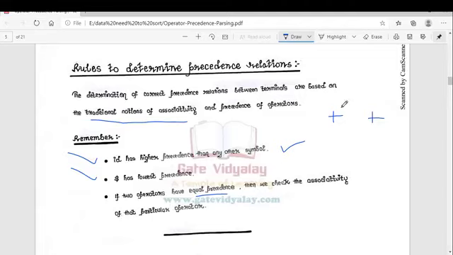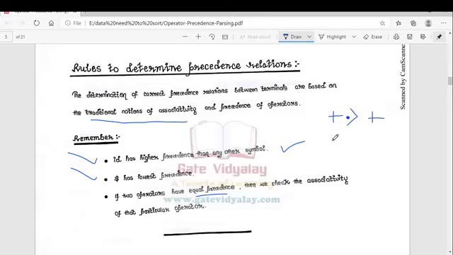Let's suppose we have two operators, plus and plus. These two operators have equal precedence, so we check their associativity, whether they are left associative or right associative. As we know plus is left associative, so its precedence should be on the left side.